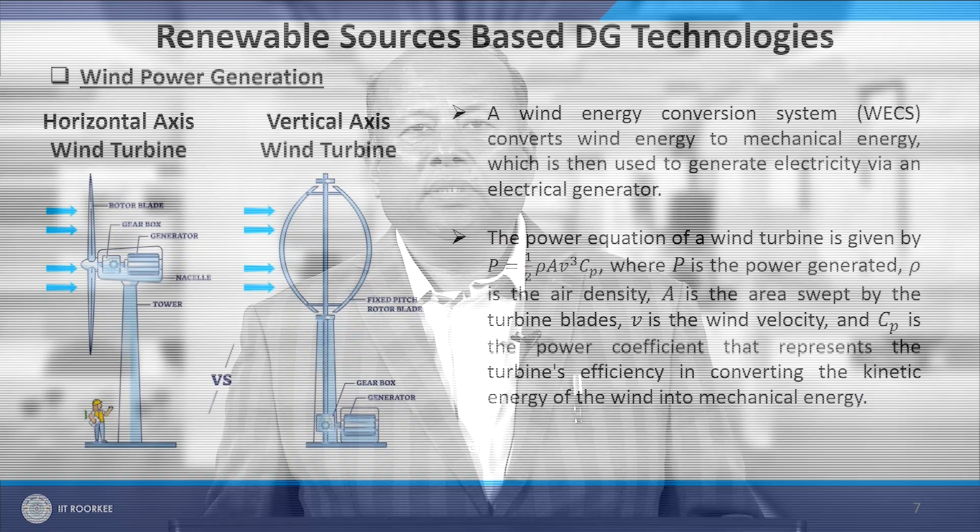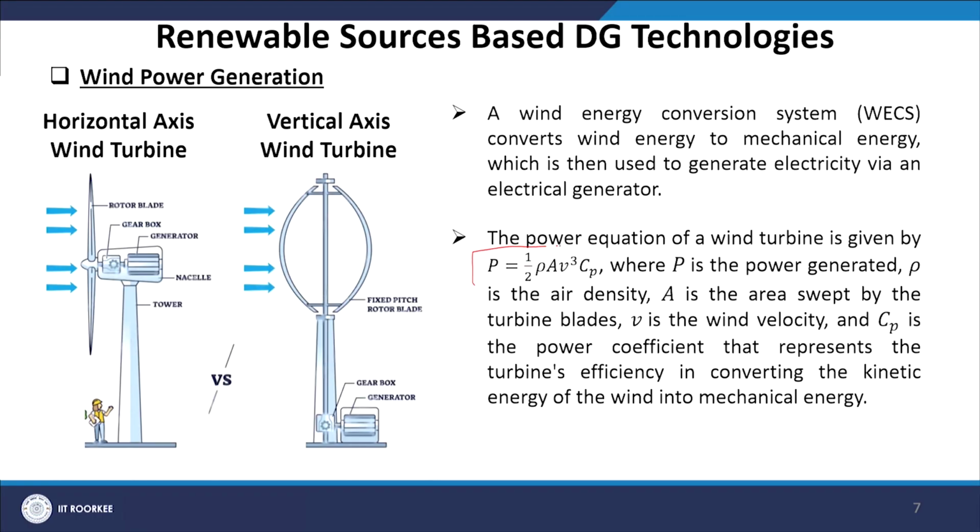Now, there is a standard equation that reflects the magnitude of power which is available to me. That means the power equation of the wind turbine is given by P equal to half rho A V cubed Cp, where P is the power generated, rho is the air density, capital A is the area swept by the turbine, V is the wind velocity, and Cp is the power coefficient that represents the turbine's efficiency in converting the kinetic energy of the wind into mechanical energy.